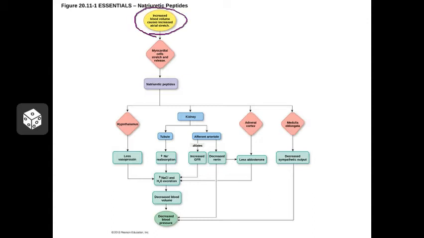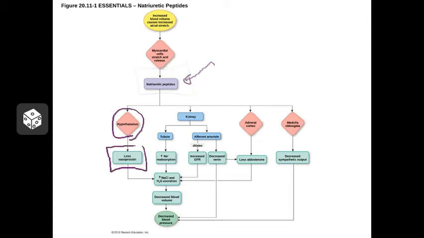An increase in cardiac return to the atria increases the wall stretch, and when the atrial wall stretches, it releases natriuretic peptides. These have a variety of targets as well.